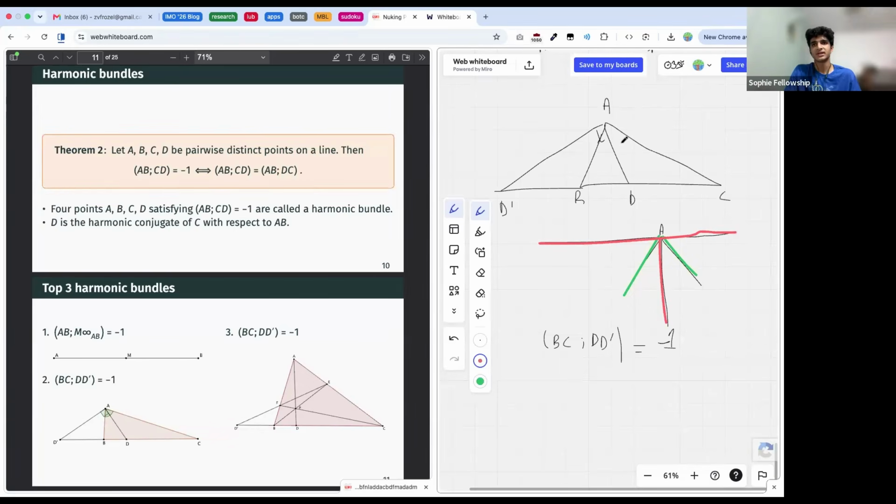I defined harmonic bundles earlier for points, but four lines with a cross ratio of -1 are also called a harmonic bundle. So how would I prove that these four things have a cross ratio of -1? Ideally, you want to project them onto a new line.